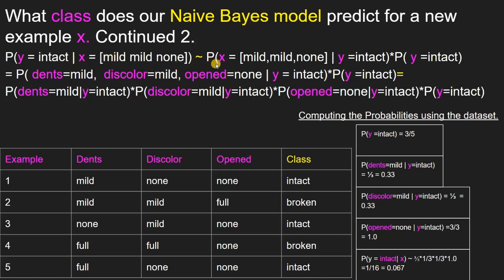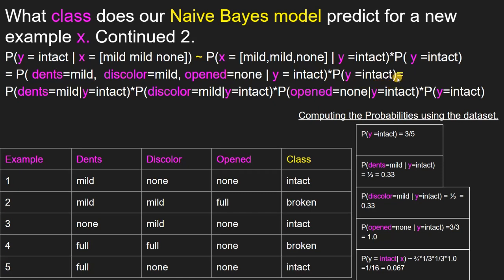To do that, we need to compute the probability of x equaling mild, mild, none, given y is equal to intact, times the probability of y equaling intact. And this is going to equal the probability of dense equaling mild, and discolor equaling mild, and open equaling none, given y is equal to intact, times the probability of y equaling intact.